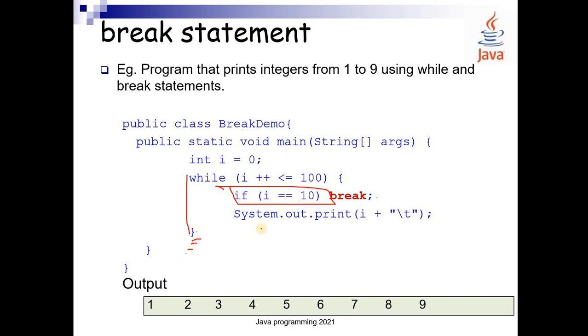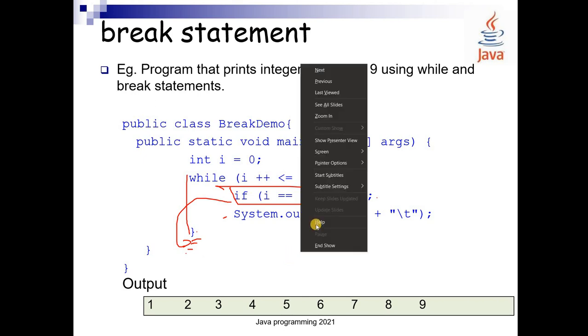As you can see, I was supposed to go up to 100, but it did break when I equals 10, and nothing else should happen but to pass the control to the next statement here.